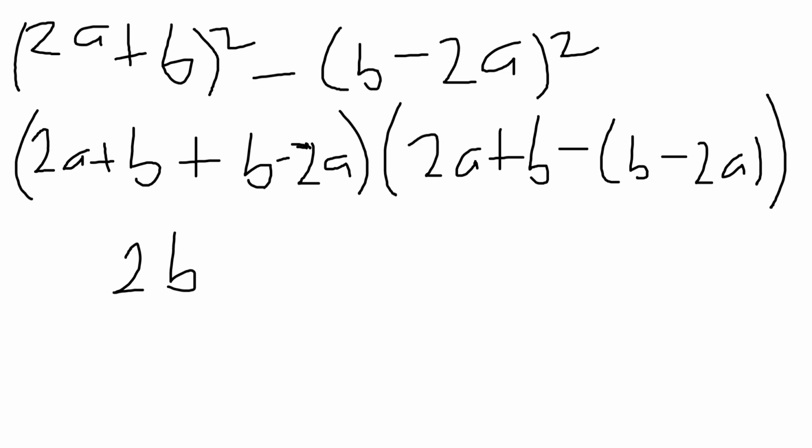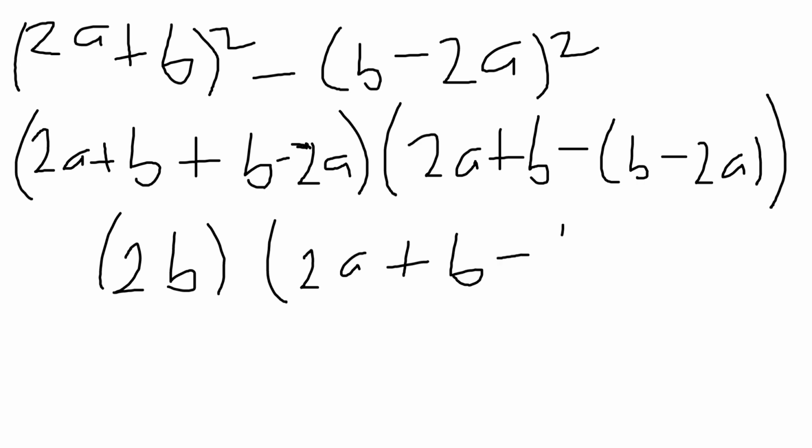So let us look at this bracket. Let me open it up. So here we have 2a plus b minus b, because we open up with the negative 1 that we have there.